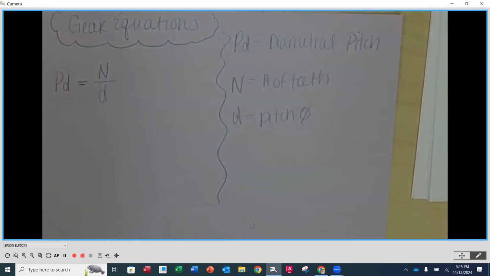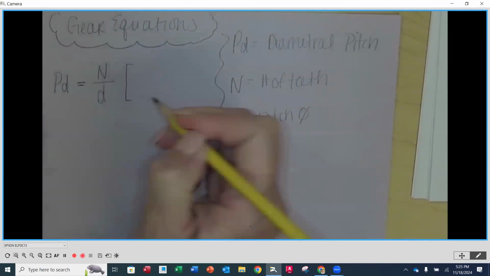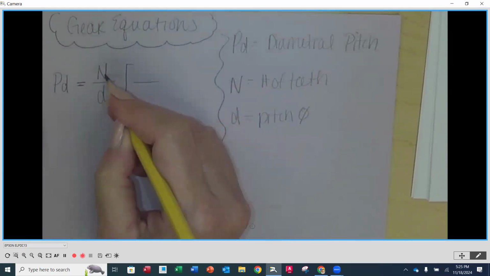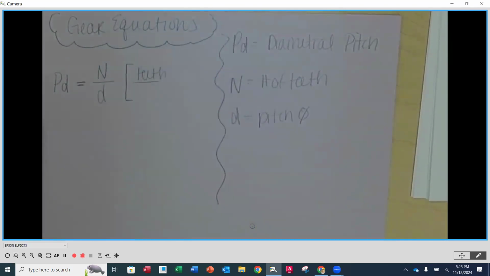Now, units for each one of these. If we look at our equation for diametral pitch here, we can say that the units for diametral pitch are going to be teeth on top, because N is number of teeth, divided by pitch diameter, which would be inches.